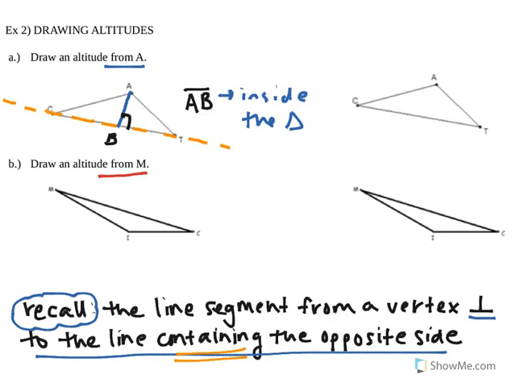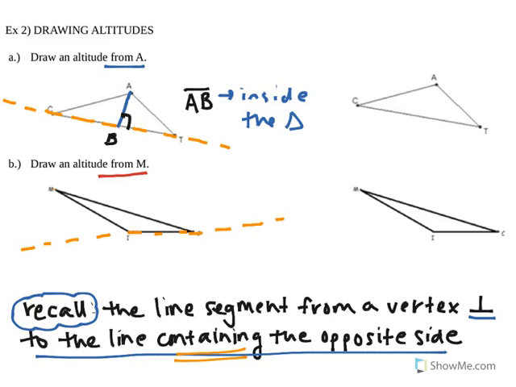So again, let's think about the opposite side of M. Well, that's CI. So like we've been doing, let's extend that line segment to this line. So my orange dotted line now is the line containing the opposite side.